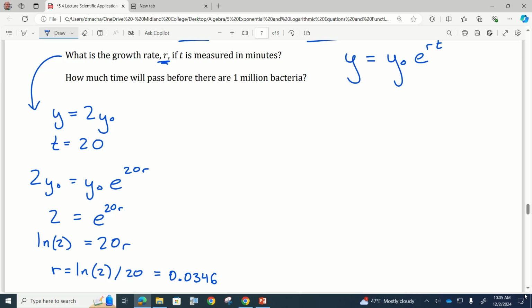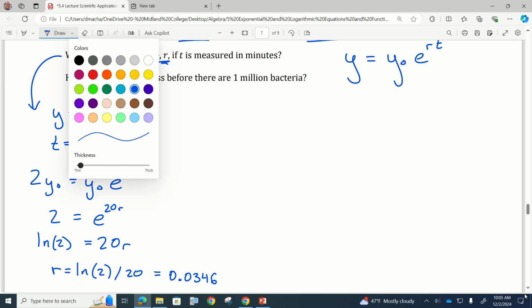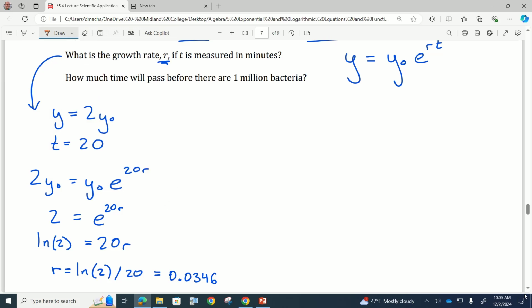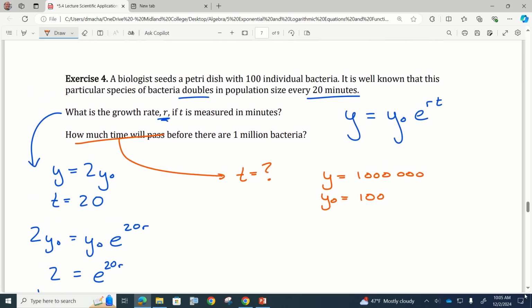That's my growth rate. The next question asks, how much time will pass? And so I'm looking for a t, for how much time, before there are 1 million bacteria. And I know from the statement just above this, it said that the biologist was going to seed the petri dish with 100. That means that's the initial amount, it's the initial population.